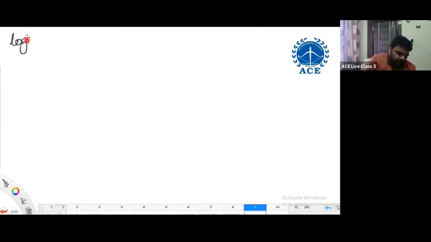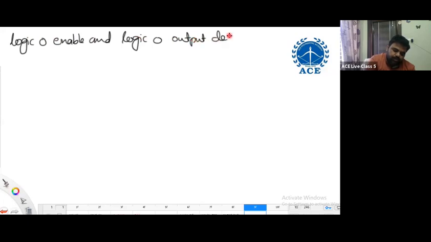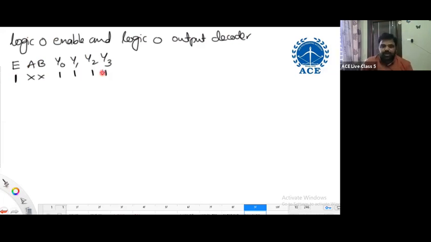Logic 0 enable and logic 0 output decoder. Then we can write here E, A, B, Y0, Y1, Y2, Y3. If E equals 1, now it is disabled, so irrespective of AB, all the outputs are ones because it is a logic 0 output decoder.